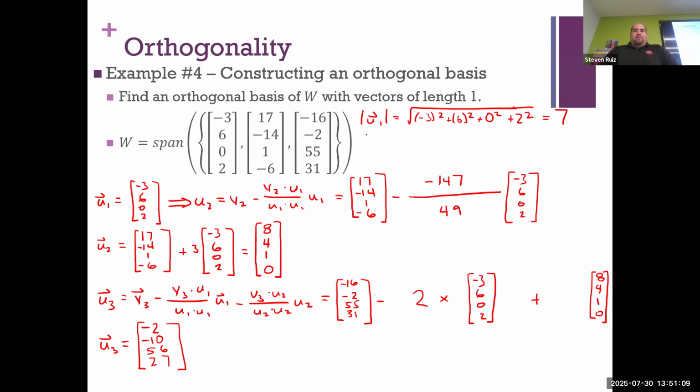Okay. And I can do the same thing for U2 and U3. So let's do that as well. I think U2 is also convenient.